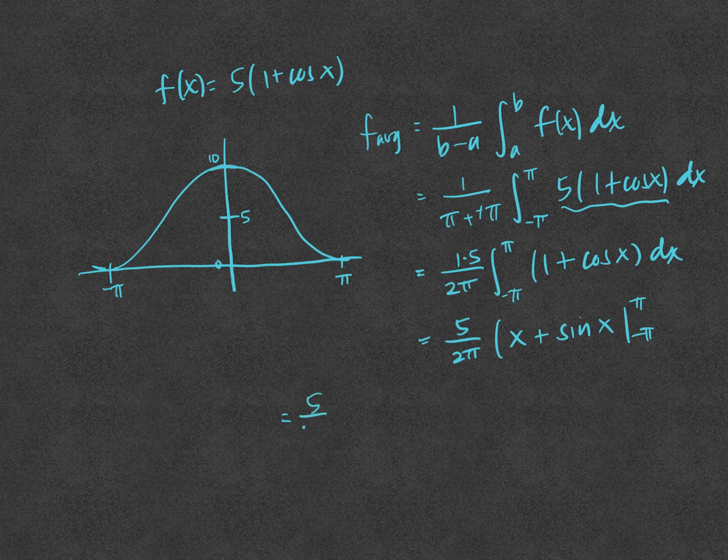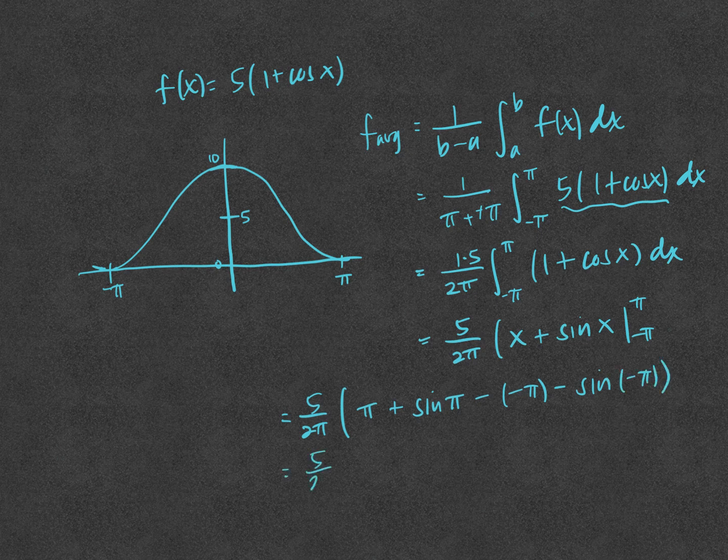So now we have 5 over 2 pi, and when we evaluate at pi, we're going to say pi plus sine of pi minus negative pi minus sine of negative pi.